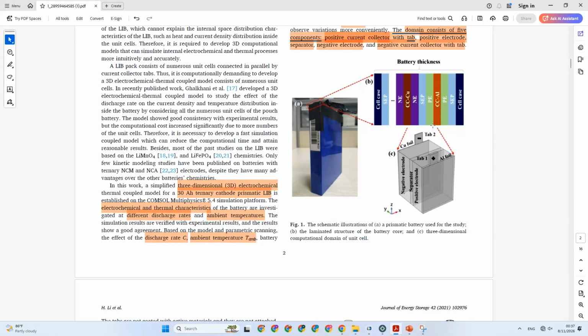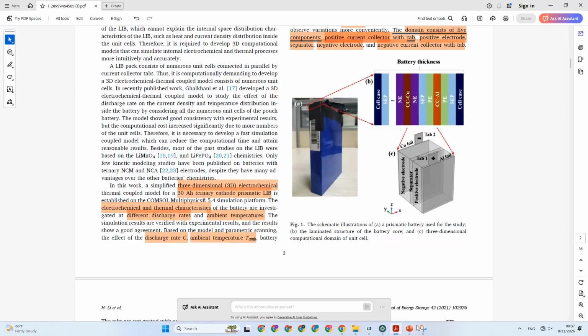Here we can see the Al foil and Cu foil, the negative electrode, separator, and positive electrode. Nice, and we can model it.